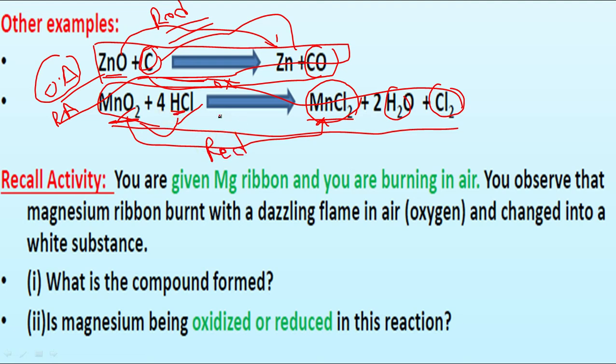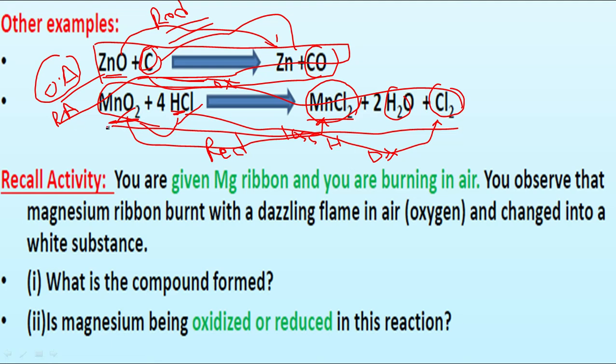Here HCl is getting converted to chlorine gas. There is a loss of hydrogen, and loss of hydrogen means the oxidation process. So both oxidation and reduction reactions are taking place simultaneously. We can say this is also an example of redox reaction.